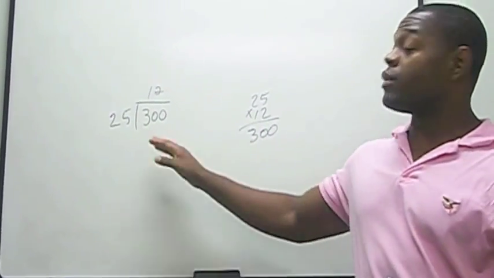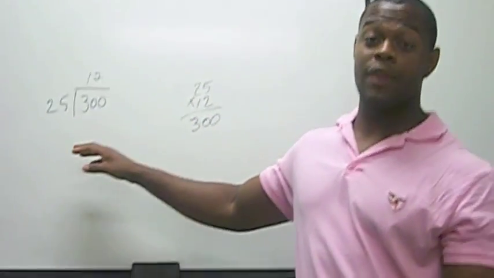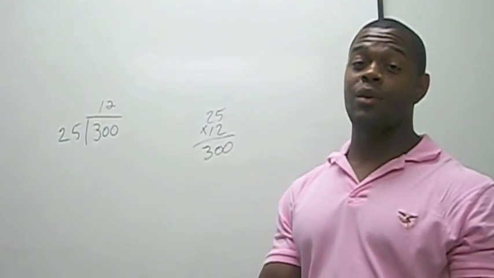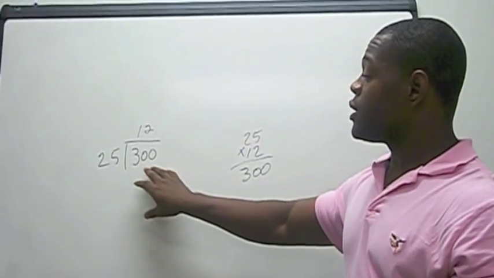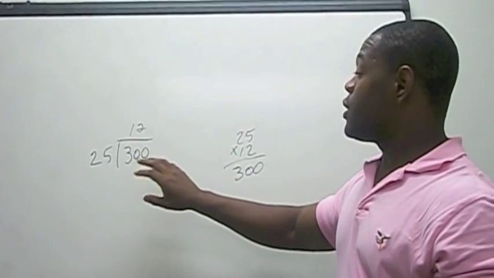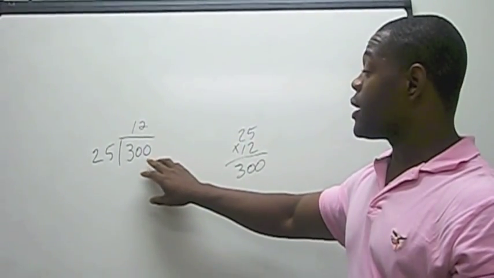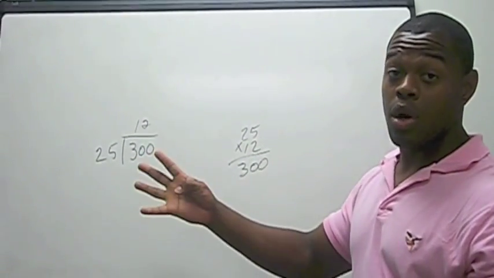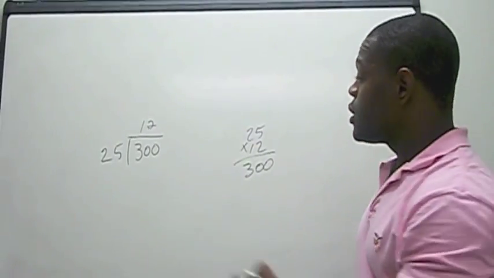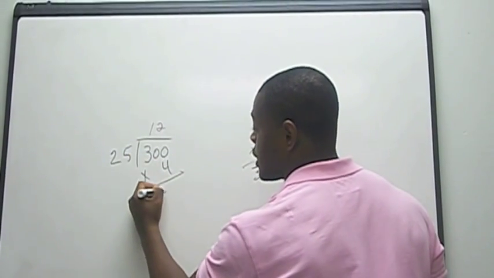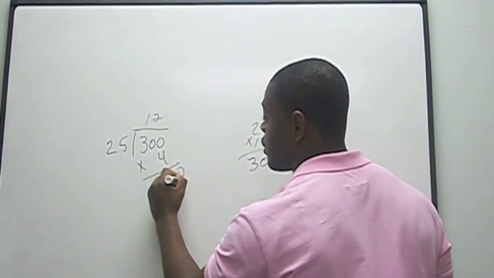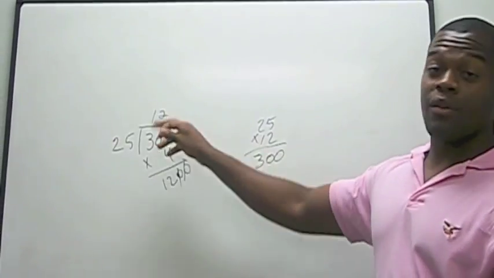Another way to do the division part when working with 25s, my little brother is actually credited with teaching me this one. So check this out. When you have 300 divided by 25, all you have to do is multiply 300 times 4 and take off the zeros. So if you multiply this times 4 and take off the zeros, you get 1200, take off the zeros, and you get 12.